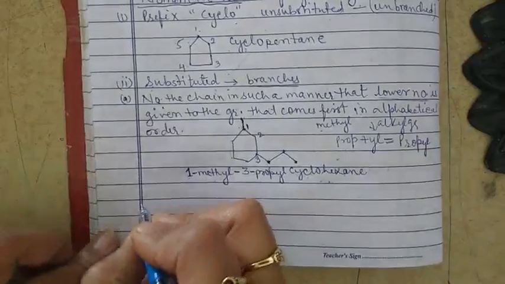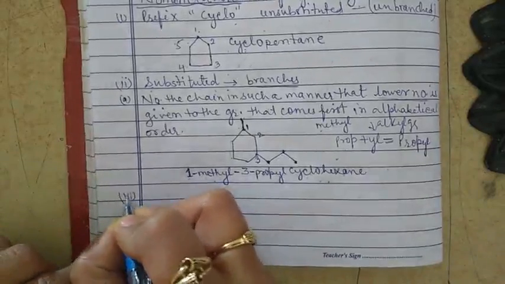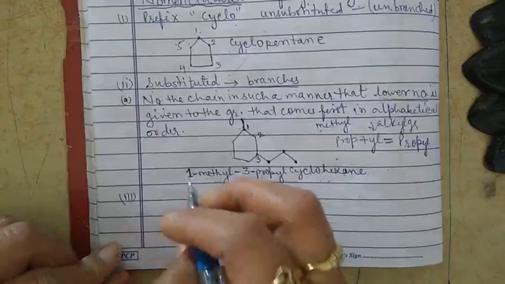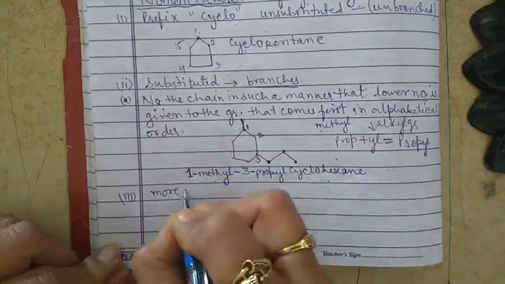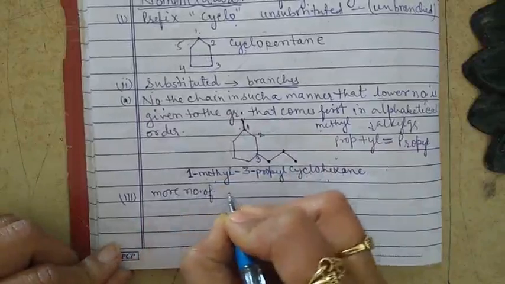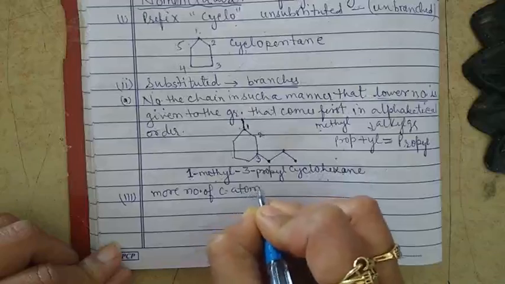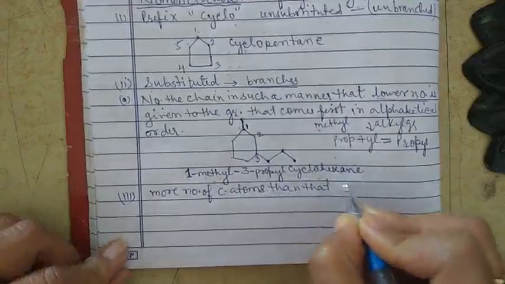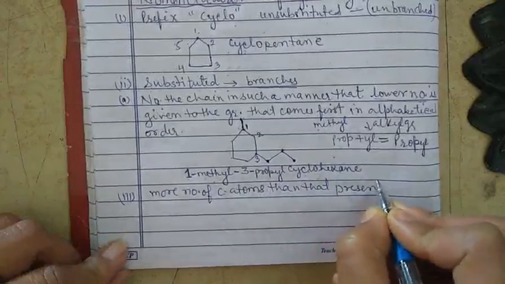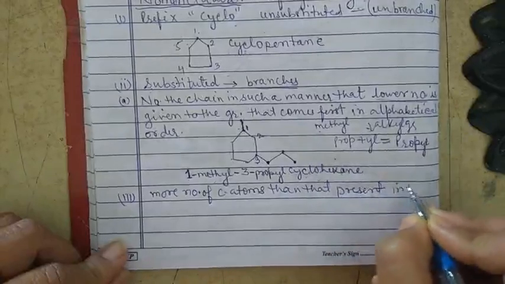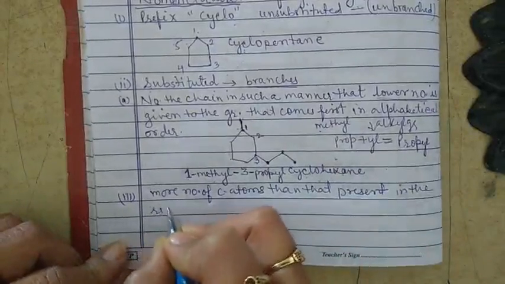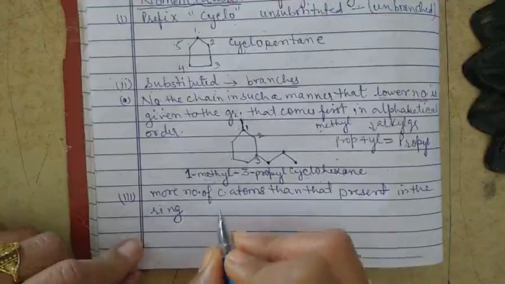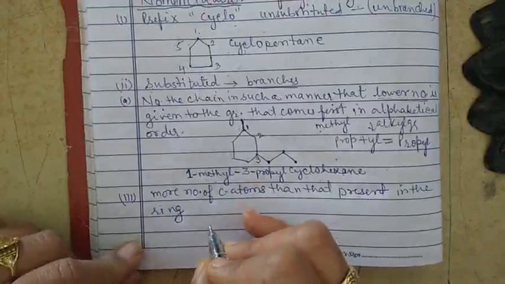Now the next rule is, if the side chain has a greater number of carbon atoms than that present in the ring, then the ring or the cycle is treated as a substituent.